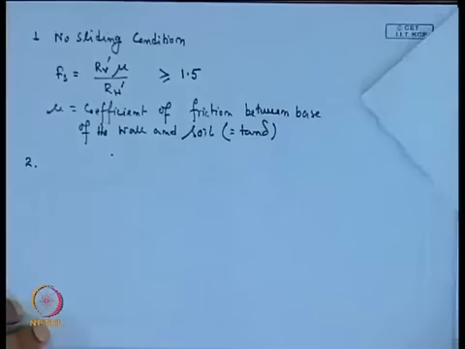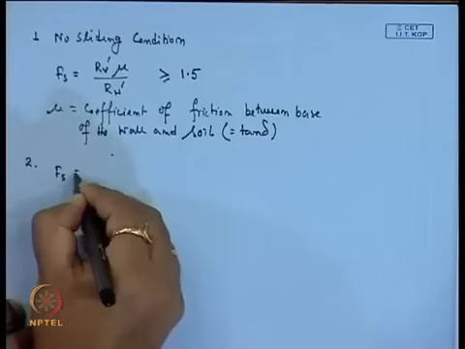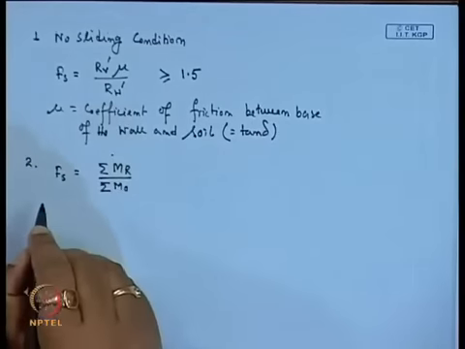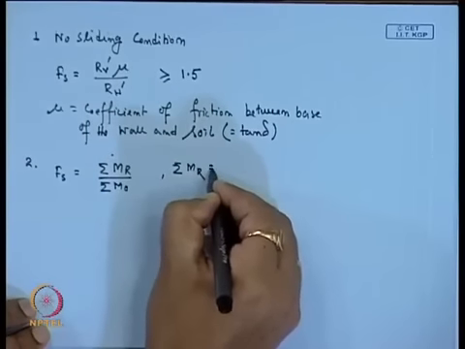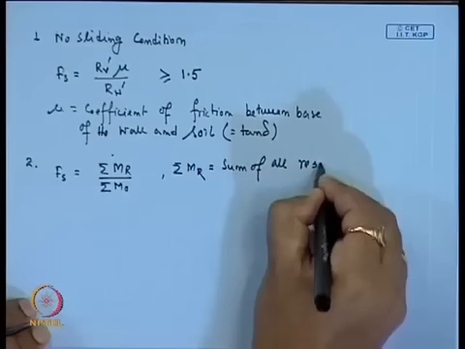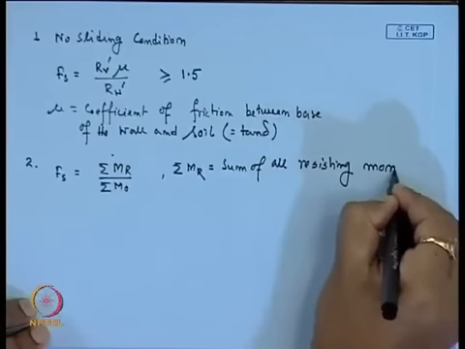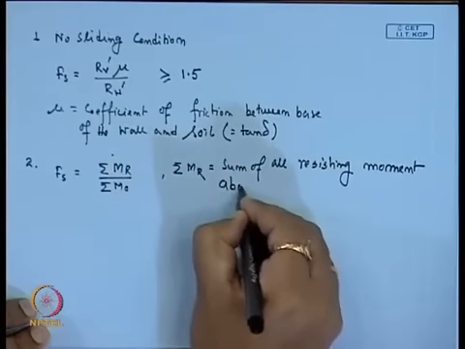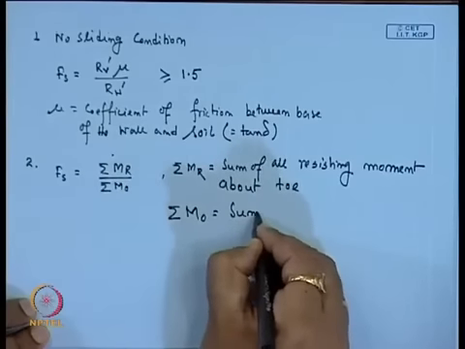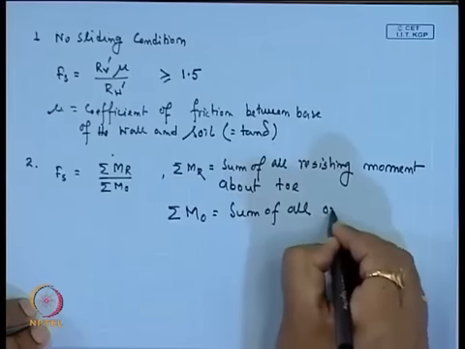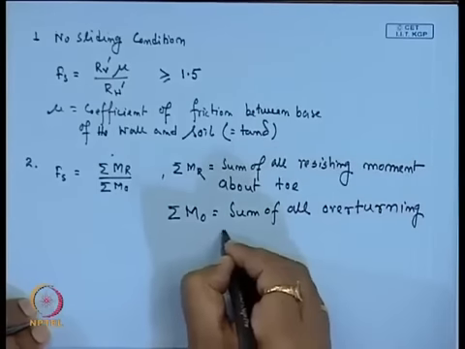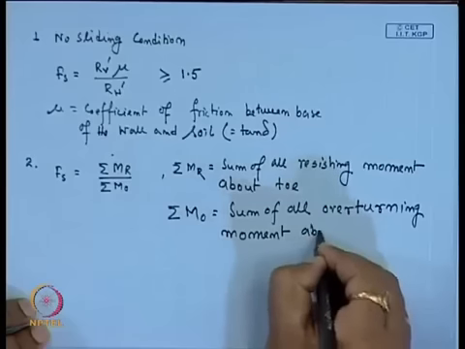So, if we consider the factor of safety for no overturning condition, that is the summation of M r divided by the summation of M o, where summation of M r is the sum of all resisting moments about the toe, and summation of M o is the sum of all overturning moments about the toe.